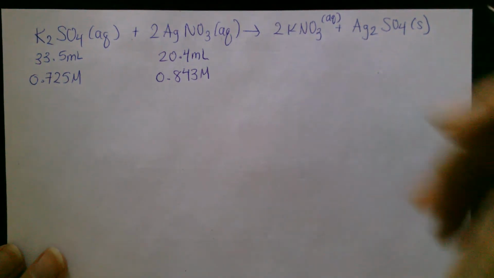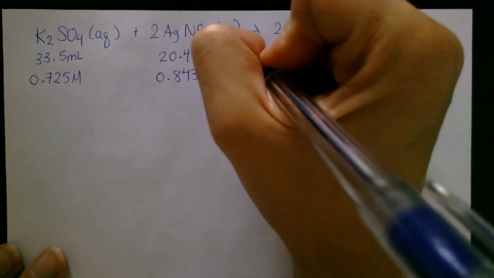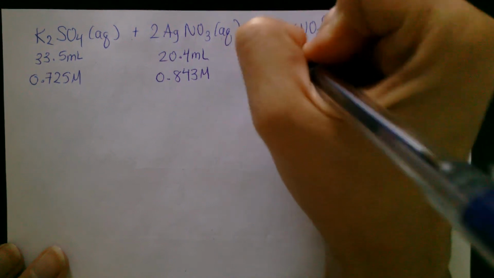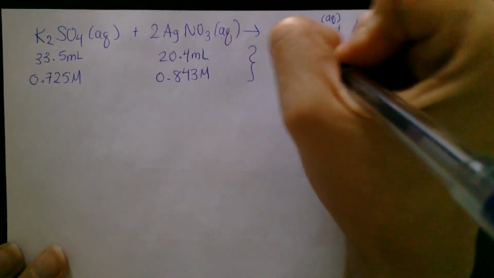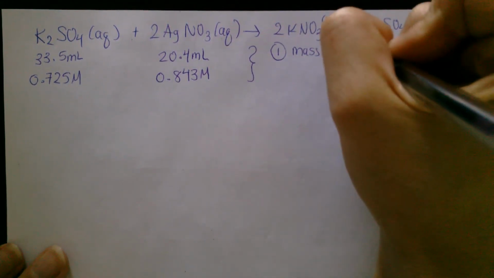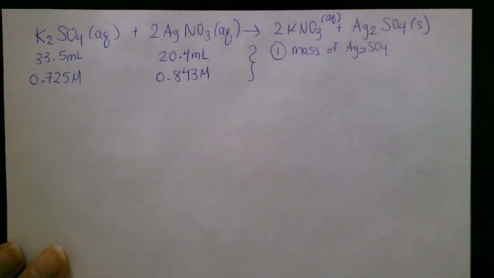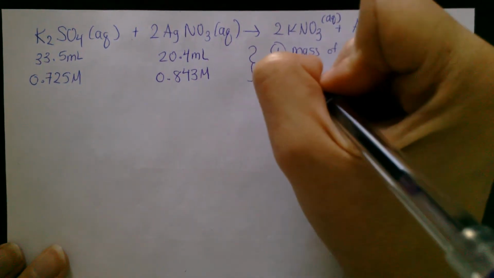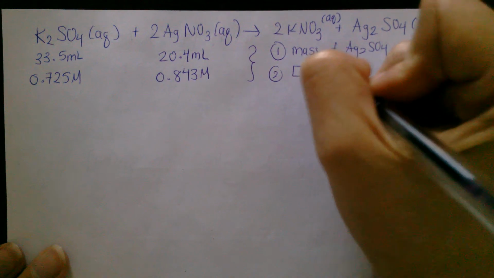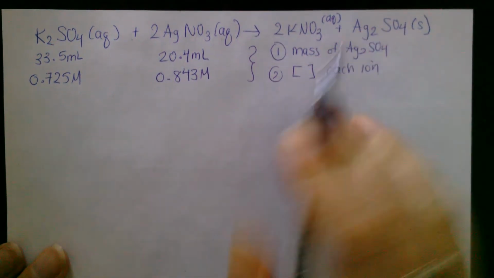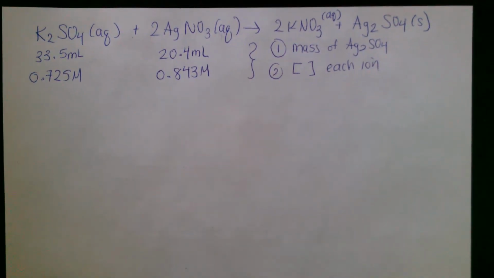Okay, so in this problem, we want to know, 1, the mass of Ag2SO4 that we are going to make, and 2, the concentration of each ion, where the brackets there stand for concentration.